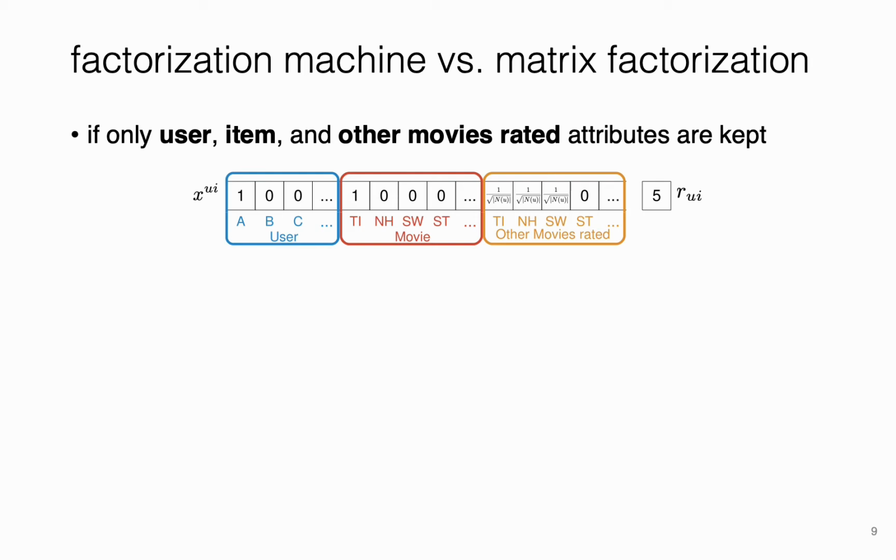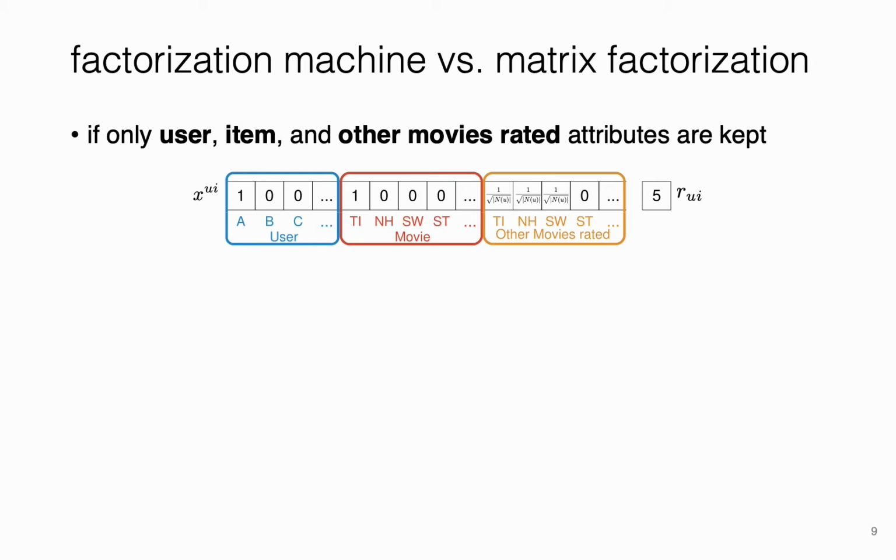When the factorization machine has more attributes to work with, it becomes more expressive than standard matrix factorization. In this slide, we show a relationship between factorization machine and the SVD++ model.